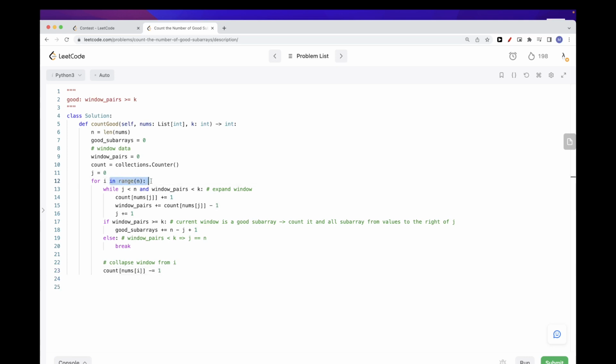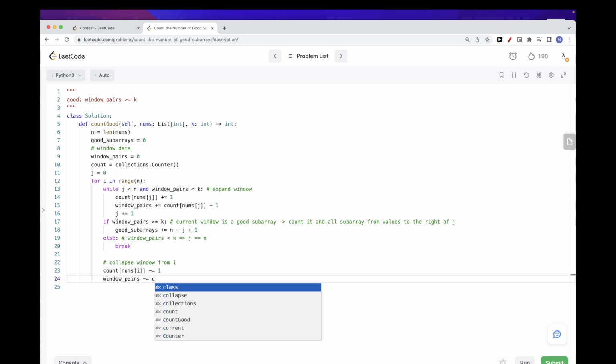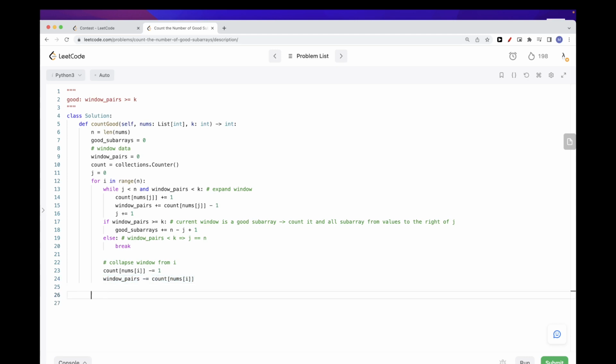That's what this would do, because it would go from I to I plus 1. And now, since we removed this number, we need to remove it from the pairs as well. And how do we do that? It's just minus the count of that number, right? I already gave the explanation in the overview. You can go back to understand why we do this. And then at the end, we are done, and we can just return the overall number of good subarrays.